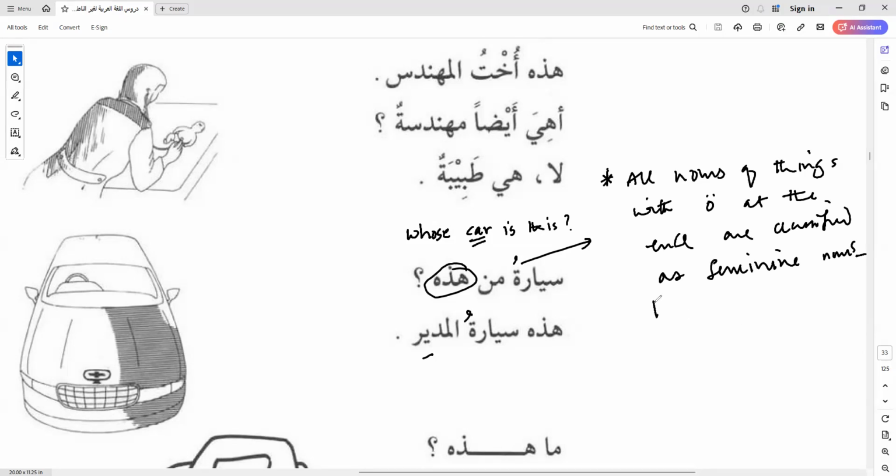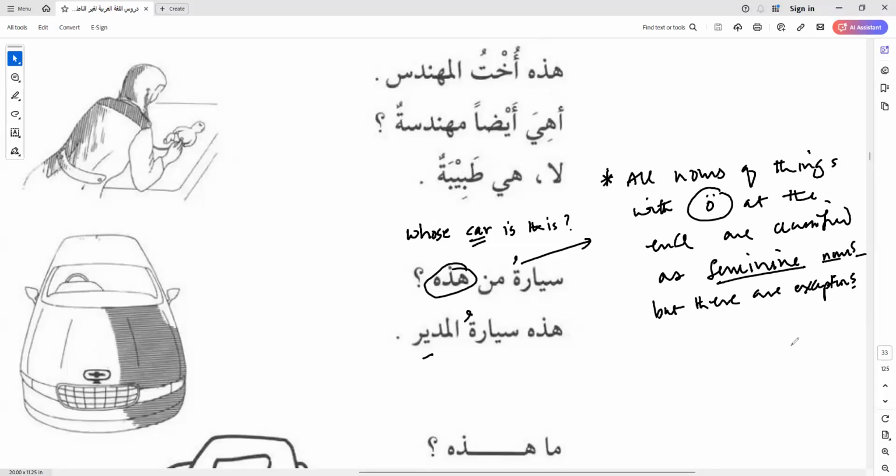But there are exceptions. We're not going to talk about exceptions now. We're going to talk about them later on when we grow stronger, and we travel deeper into the language in book 1, book 2, and book 3 later on, inshallah. All nouns of things with taw marbuta at the end are classified as feminine nouns in Arabic.